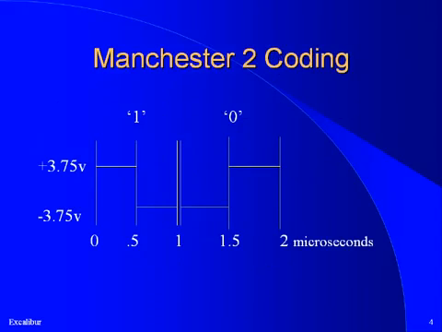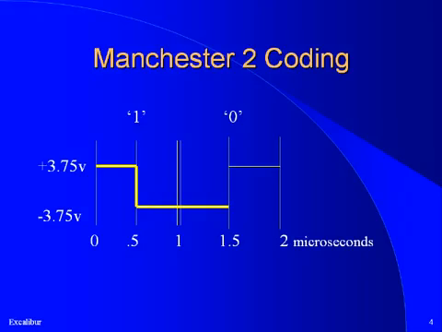Here is a diagram of the signals for a 1 bit followed by a 0 bit. At the beginning of the 1 bit, time 0 on the timeline, the voltage on the wire is plus 3.75 volts. Midway into the 1 microsecond bit, the signal plunges to minus 3.75 volts, where it remains until the end of the bit.